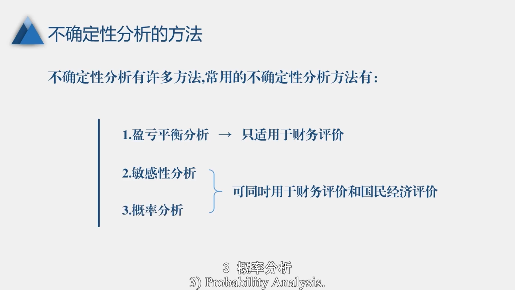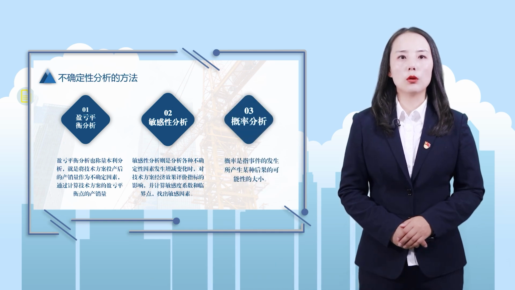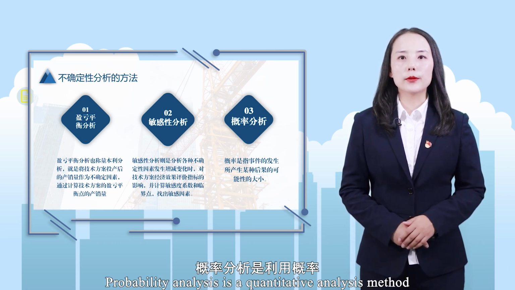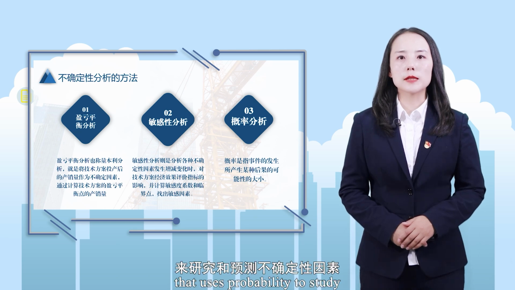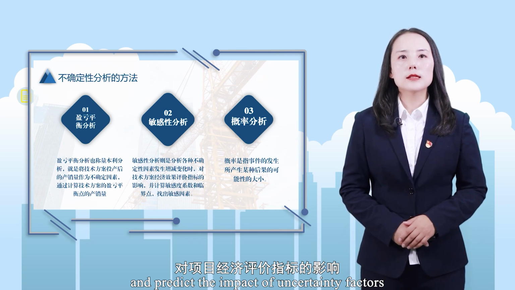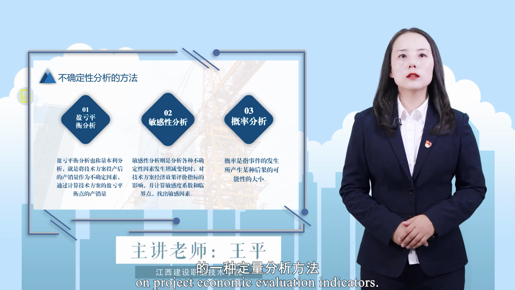3. Probability analysis. Probability refers to the likelihood of a certain outcome resulting from an event. Probability analysis is a quantitative analysis method that uses probability to study and predict the impact of uncertainty factors on project economic evaluation indicators.